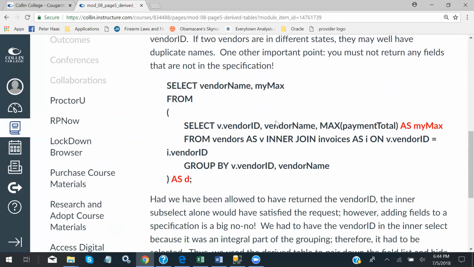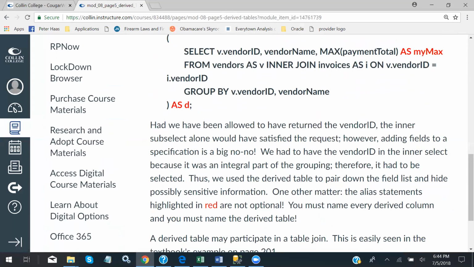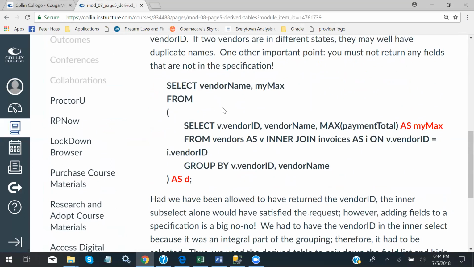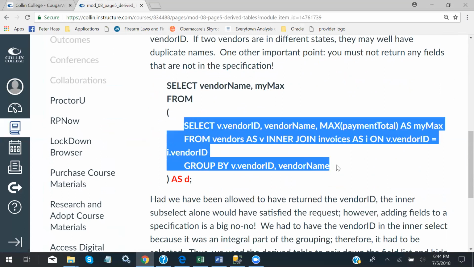We can have a subquery that is not defined in the where clause. So we've seen the subquery so far written in the where clause. A subquery can also appear in the from clause. So I can select from a subquery. What is a subquery? A subquery is a table.